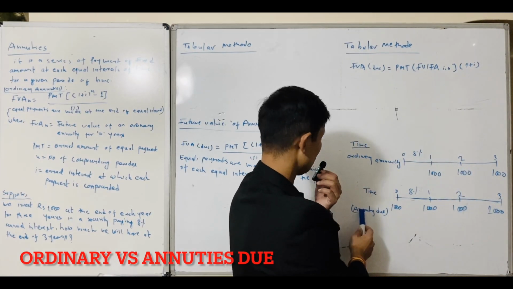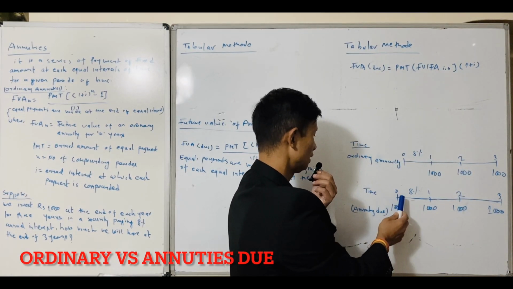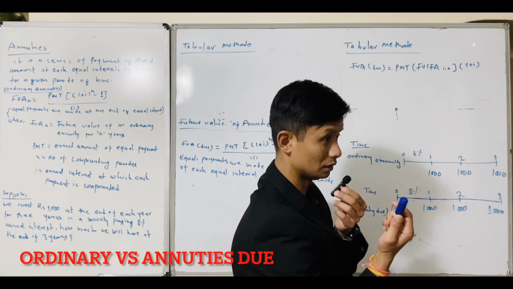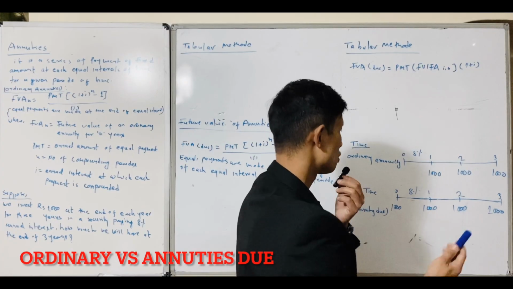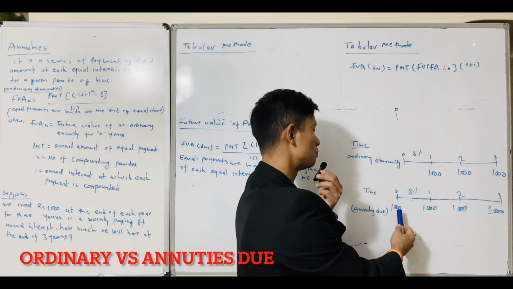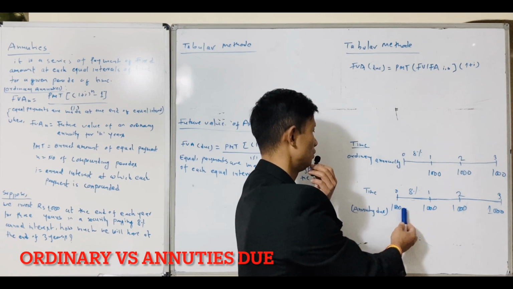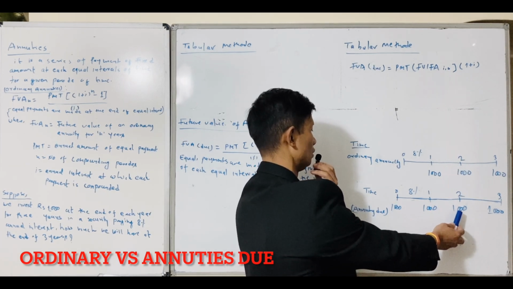If you look at the annuity due, this is the time duration. 1000 is the installment payment. The installment payment is made at the beginning of the period, for example at 0, 1, 2, 3.